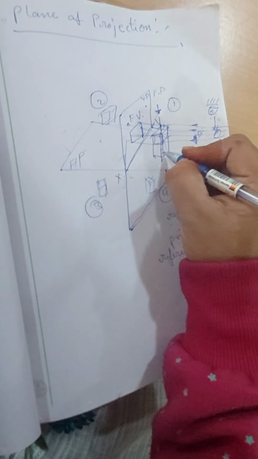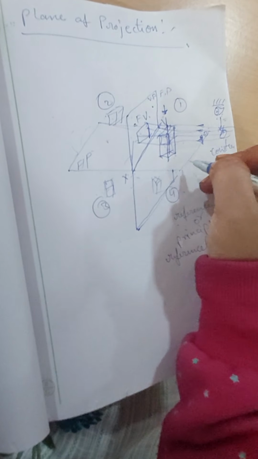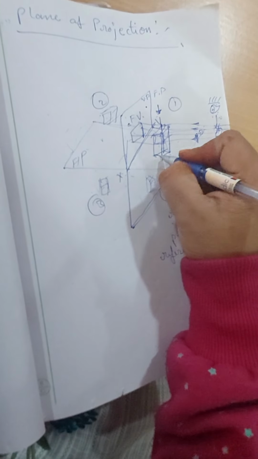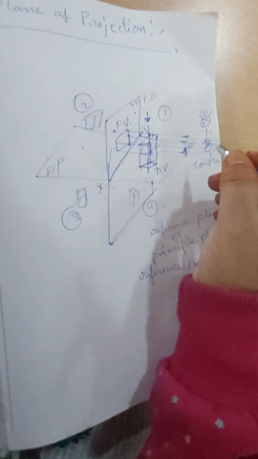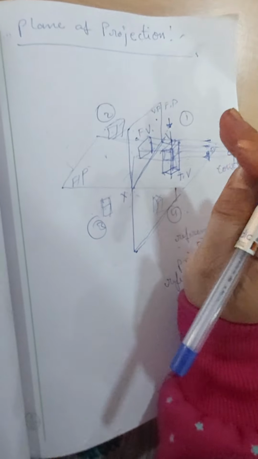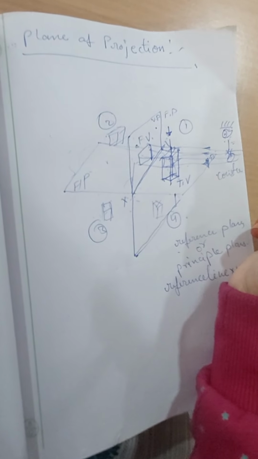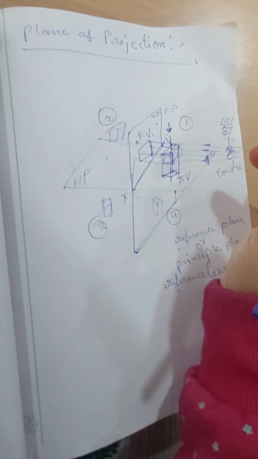If we join all these intersection points of projectors and the points on the plane, we get the image which is known as the top view. See, this indicates that in orthographic projection the front view always projects on the vertical plane and the top view projects on the horizontal plane.